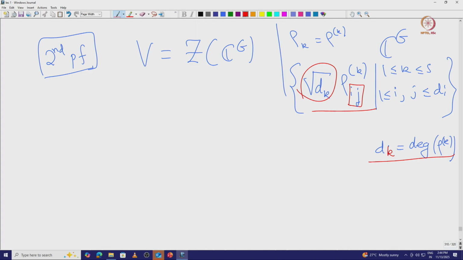The second proof literally tells us first that this is an orthonormal basis of CG. From that we conclude that the span of irreducible characters will be just the space of class functions. All these proofs require a step by step process.